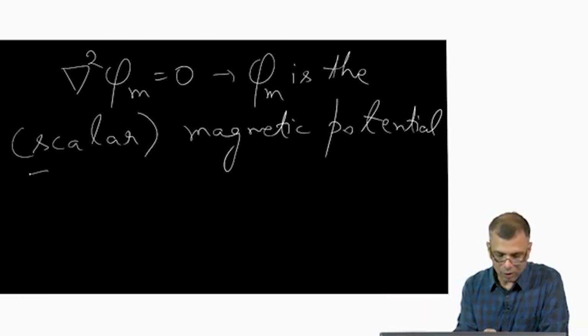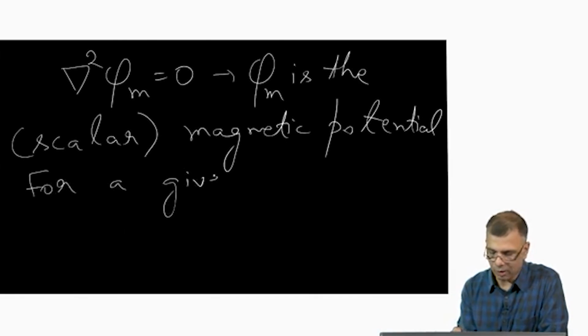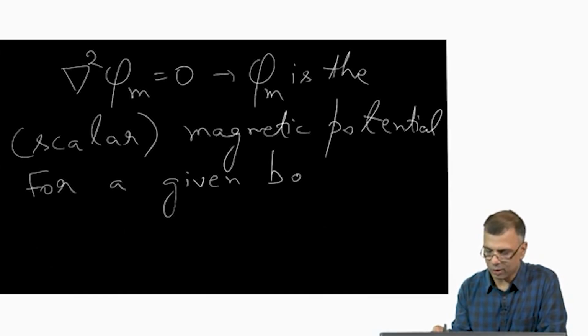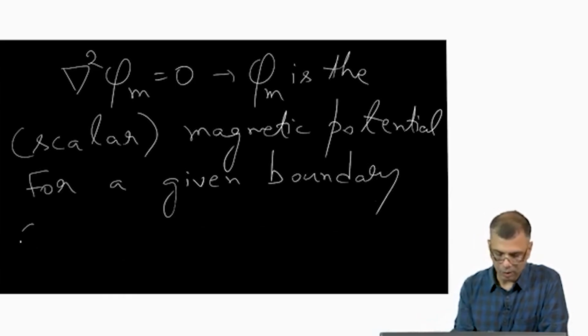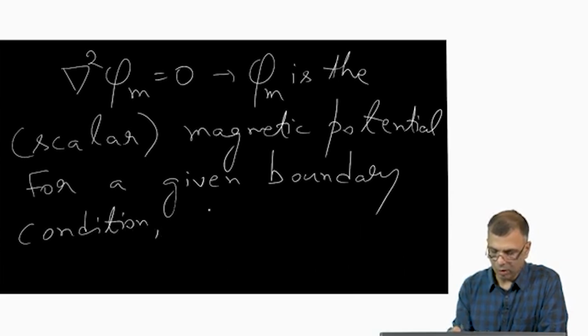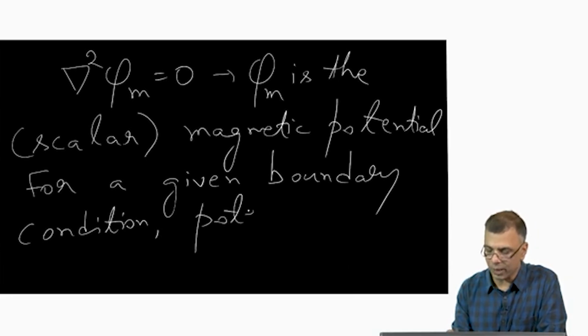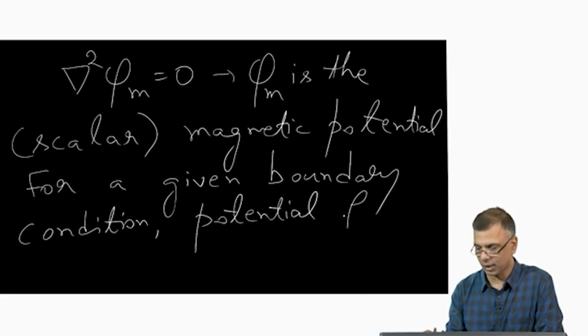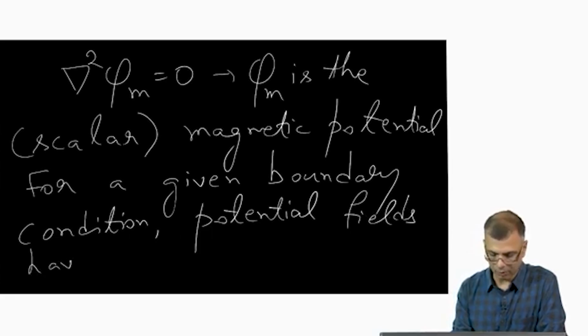So for a given boundary condition, potential fields have minimum energy, and this is very important for astrophysics, and I will tell you how. It is the minimum energy configuration.